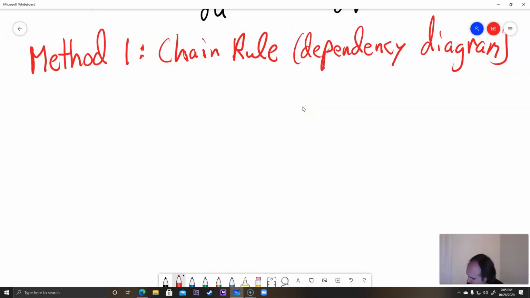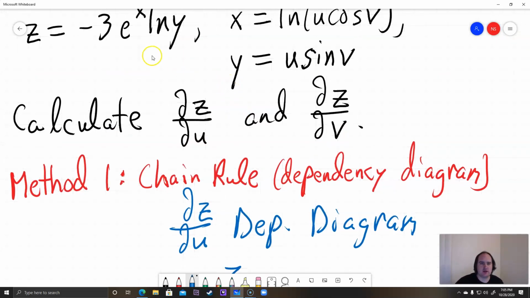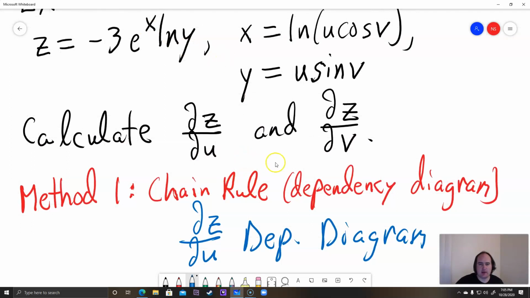So for partial z partial u, dependency diagram, we start on the top, which is at z, and then we draw our diagram. So z is a function of x and y.